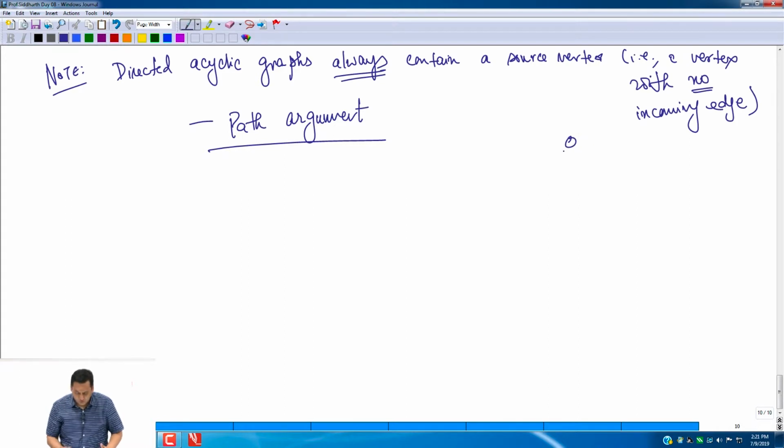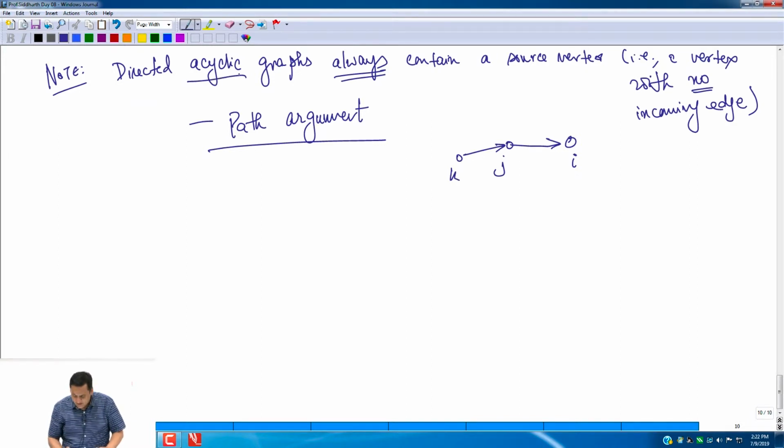But getting back to the point at hand, let me just repeat it one more time. The proof of this observation is that your graph is acyclic. So you start with any vertex I. If it's not a source vertex, i.e. there is an incoming edge, an edge like this, then you go to the vertex that's pointing to it. Right, you are now at a new vertex. You again keep following this path.